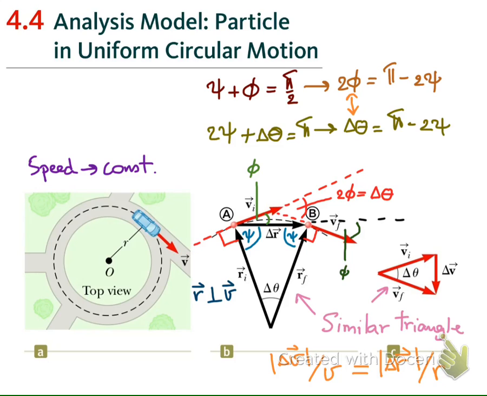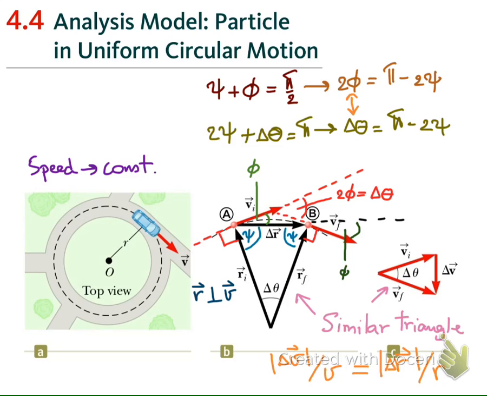That is, if you calculate the ratio of the lengths of two sides of a triangle, in this case this side and this side, it must be equal to the ratio of the corresponding sides, which are this side and this side.